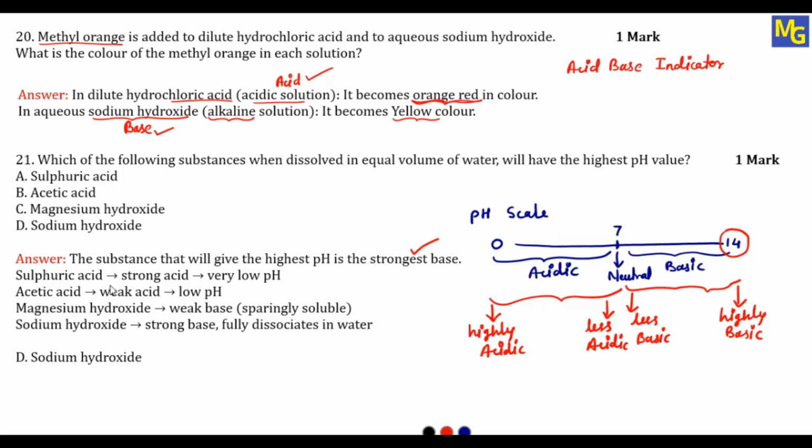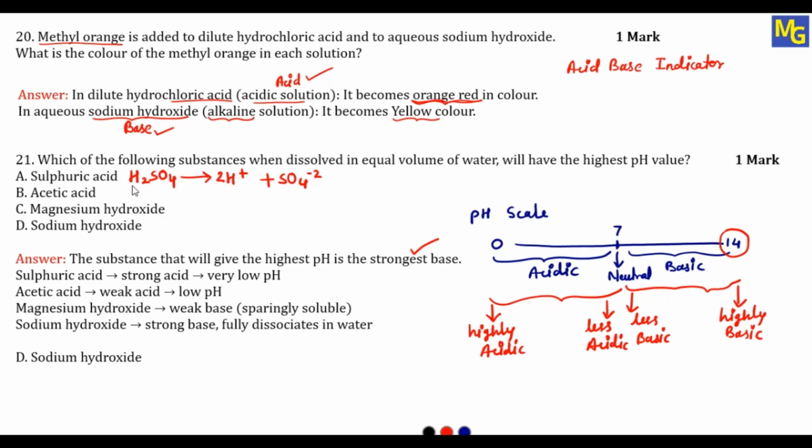So what is sulfuric acid? Sulfuric acid is nothing but H2SO4. It is a strong acid. Whenever H2SO4 is added into water, all the H2SO4 molecules will split to give H+ and SO4 2-. Now to balance, I have to take 2H+.